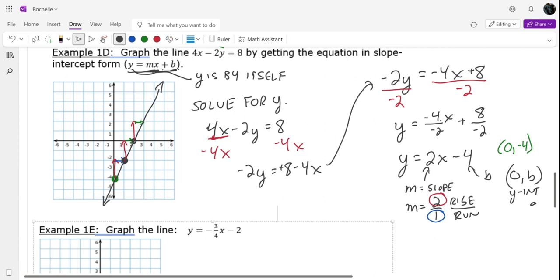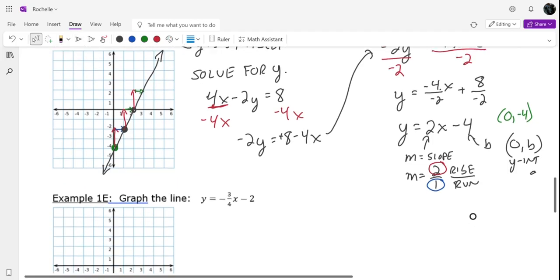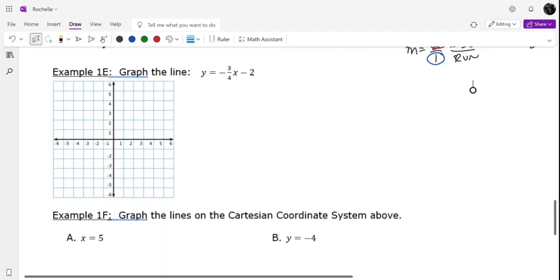So let's try that one more time. Let's go ahead and graph another line. And so if we look here, my slope is negative 3 over 4, or 3 over negative 4, however we want to look at that. And my y-intercept is 0, negative 2.